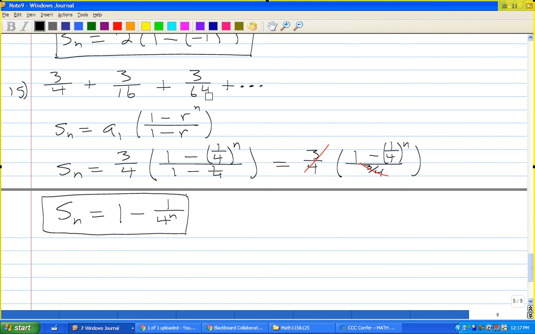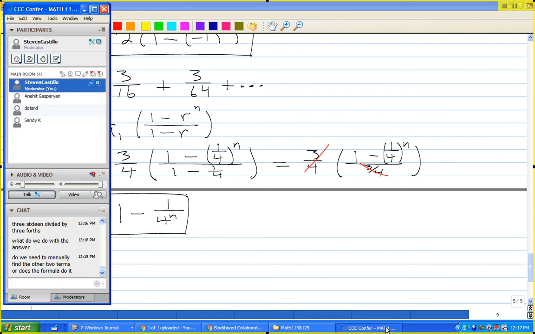You just plug in 5 into this formula and you see that this is going to equal 1 minus 1 over 4 to the 5th, which is 1,023 divided by 1,024. And you go, oh, that's an easy formula to use.